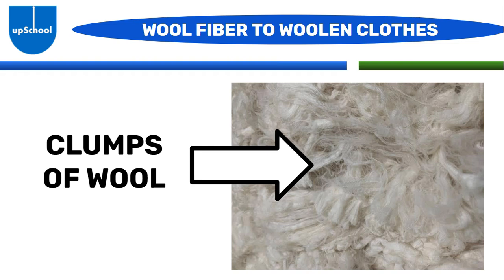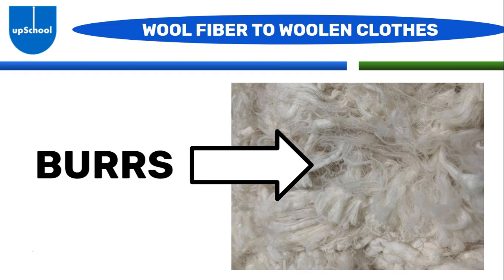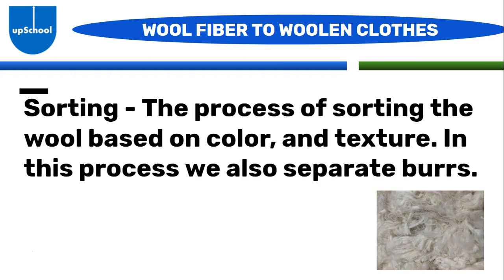In our clean wool fiber, there are obviously clumps of wool, because all of the wool can't be perfect. These clumps of wool are called burrs. So what do we do with these burrs? Well, we obviously remove the burrs. And we also remove some other stuff. This step is called sorting.